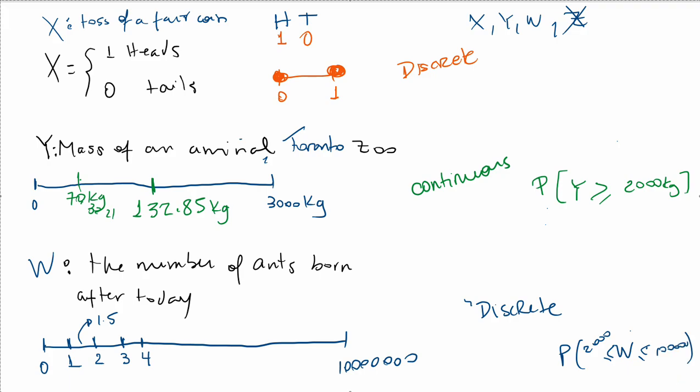So look at how easy the notation is right now. It's just the probability of W. It's a letter, which is a variable. And obviously that W can take any value between 0 and a trillion. So you have a probability that W will be between 0 and a trillion.